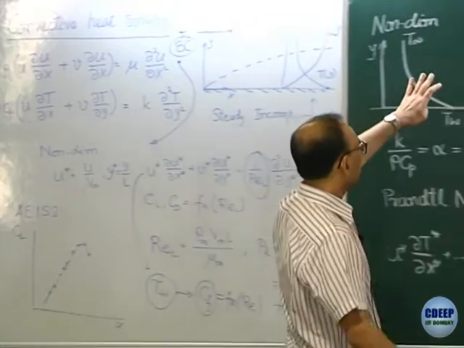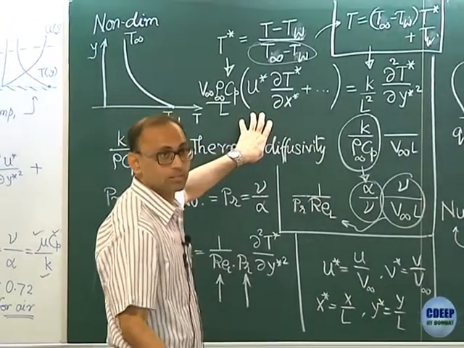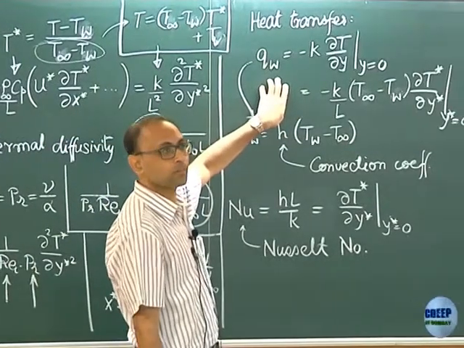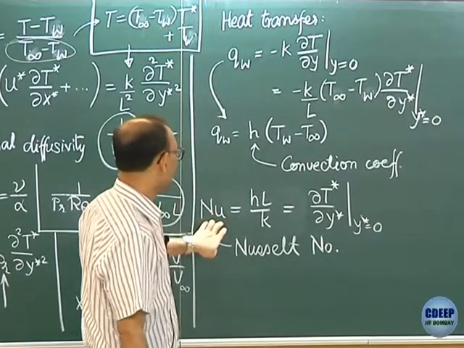Here, when we solve the energy equation, we get temperature as a function of x and y, and we would like to get the heat transfer, Q. But we want a non-dimensional form of heat transfer. Nusselt number happens to be that.